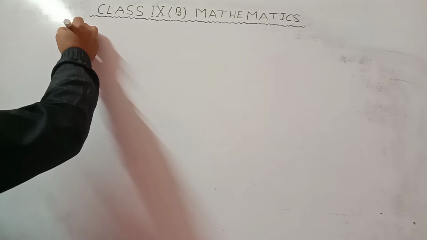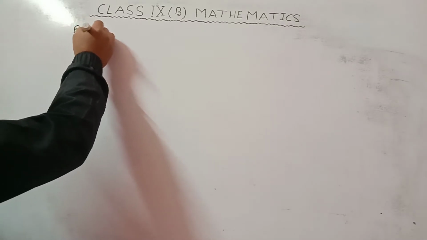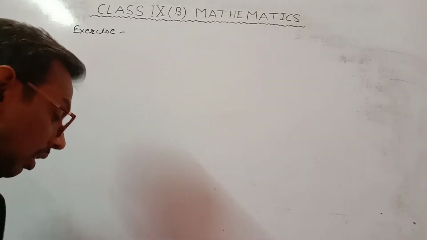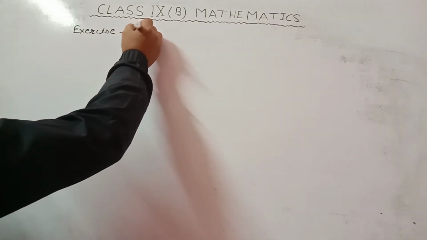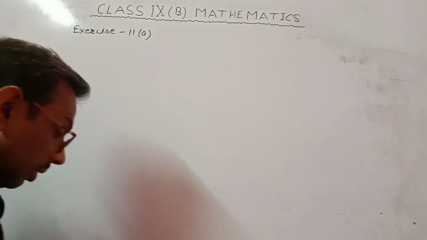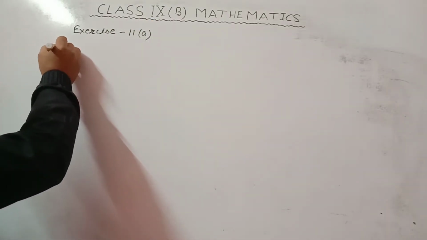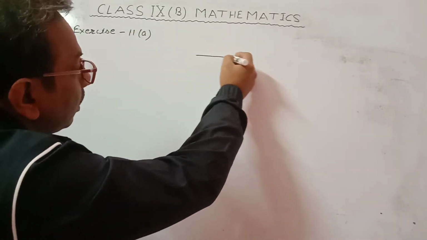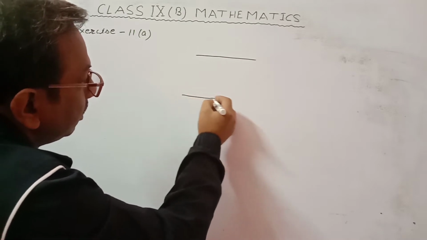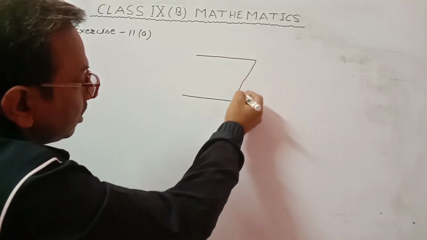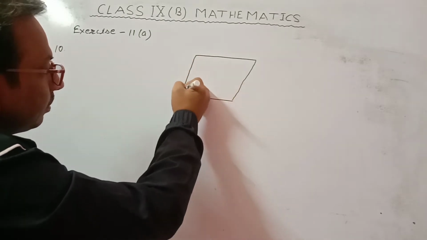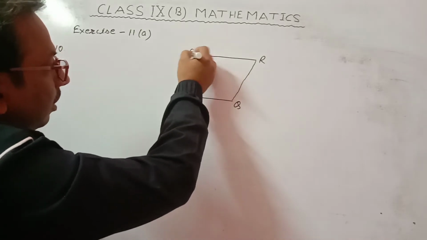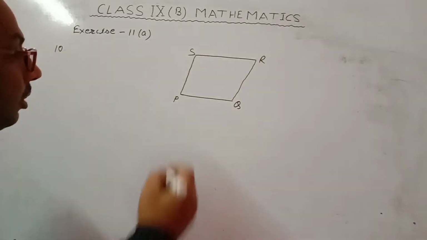Exercise 11A, question number 10. PQRS is a rhombus. Let us consider this PQRS is any rhombus, and PQ equal to 3 cm.